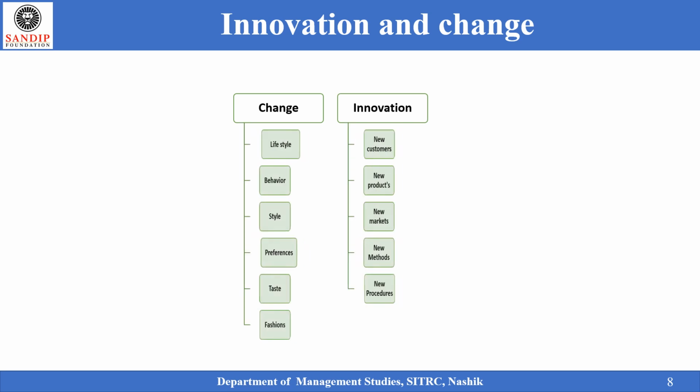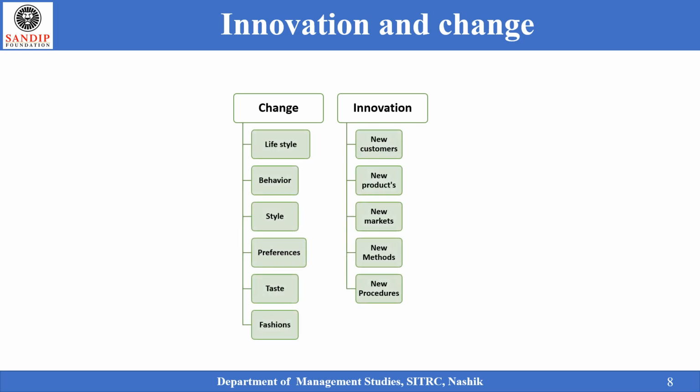So there is a change in the lifestyle of the customer, a change in the behavior of the customer, a change in style, a change in the preferences and tastes of the customer, a change in fashions. There are many other changes which we will be looking at when we go into the PESTLE analysis and SWOT analysis. But overall, to understand what the role of marketing is, I'm giving you an overview of this.